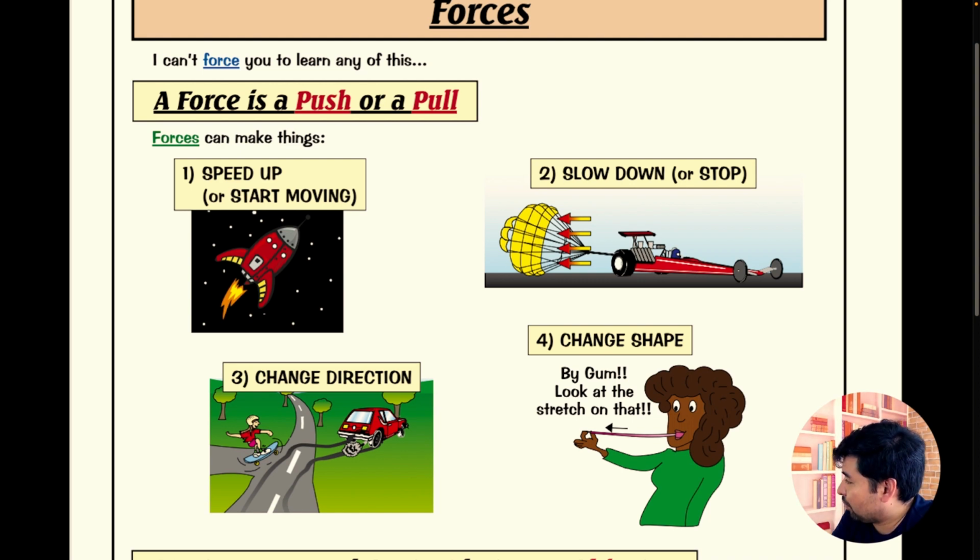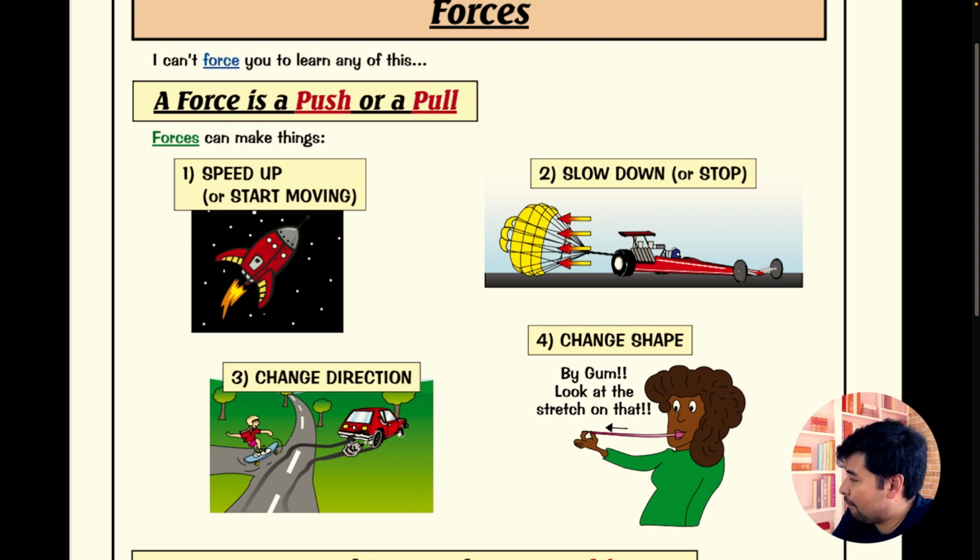In the first picture there is a spaceship, and because of the force on the back, we can see the fire on the ship, and it moves it, right? Number 3, force can change direction, like a car. If you're driving and something comes, if you force the wheel to the other side, it's going to change the direction. And number 4, can change shape.